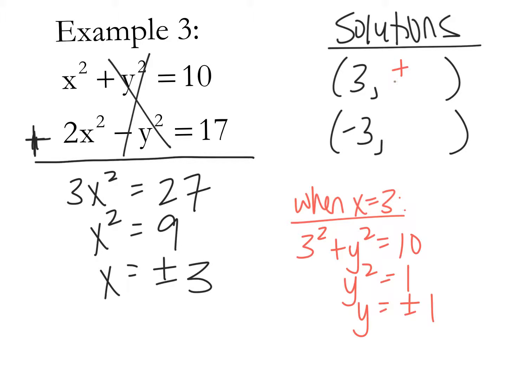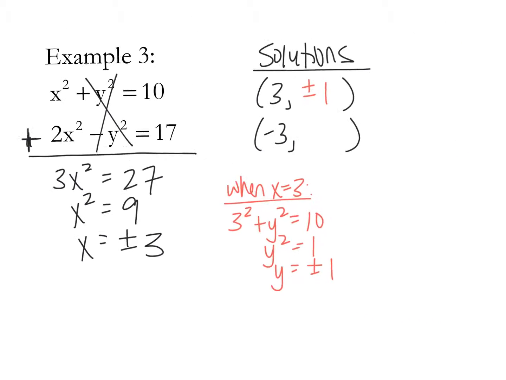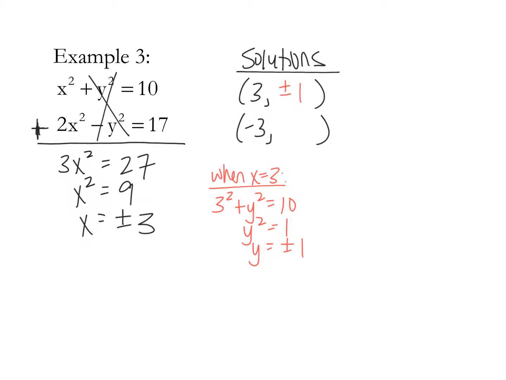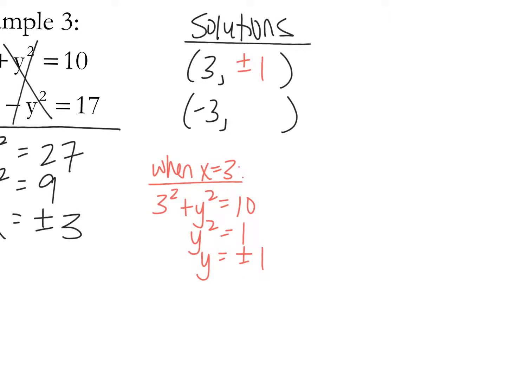Okay, this is weird. I got 2 answers when I plugged in 3. Okay, let's see what happens when I do negative 3. So I'm going to plug in over here, when x equals negative 3. I'm going to still use the same equation. Negative 3 squared plus y squared equals 10.